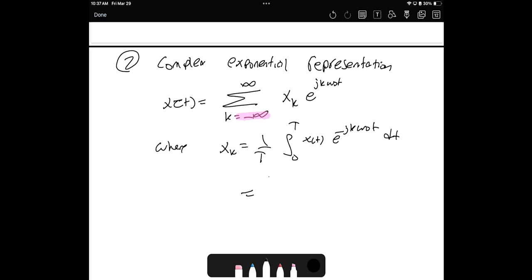In other words, we can say 1 over T, the integral from negative T over 2 until T over 2, x of t e to the power negative j k omega naught t dt. And most likely we will use this.